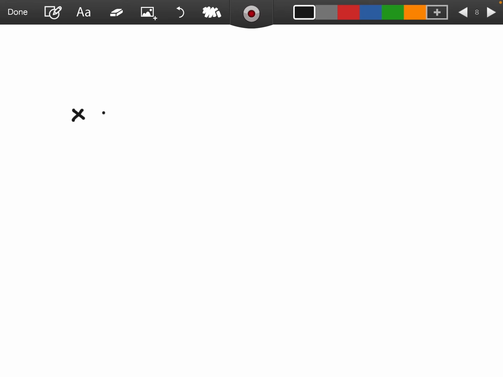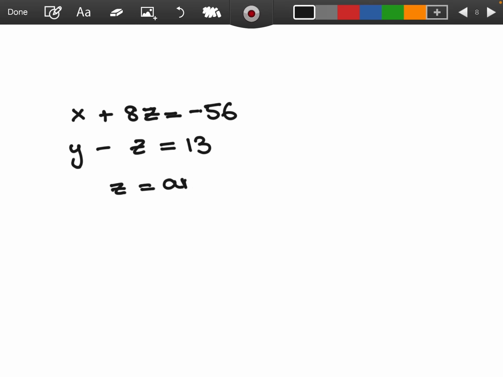So if I write these back out as equations, I get x plus 8 times z is equal to negative 56, and I get y minus z is equal to 13. Z, I know, can equal any value because there is no leading term and no pivot in that particular column, in that third column.